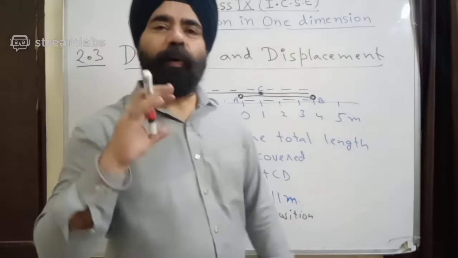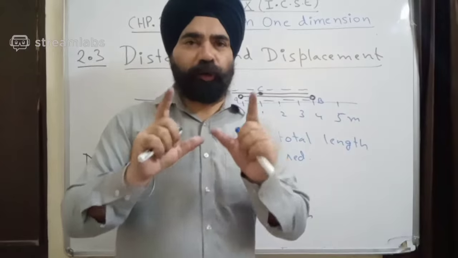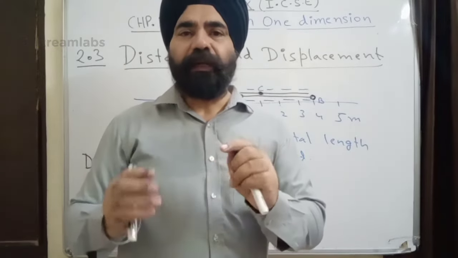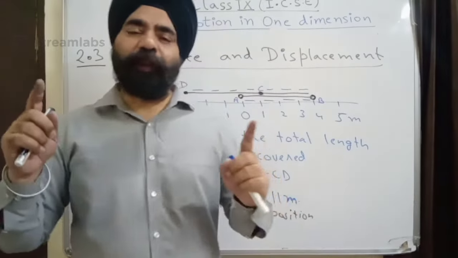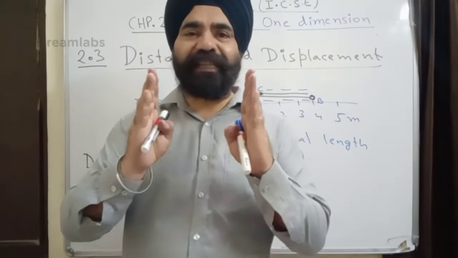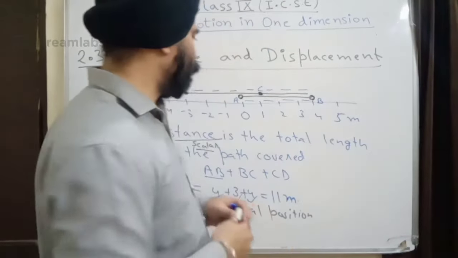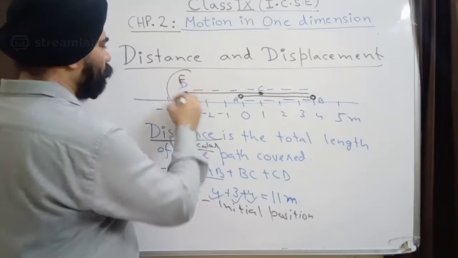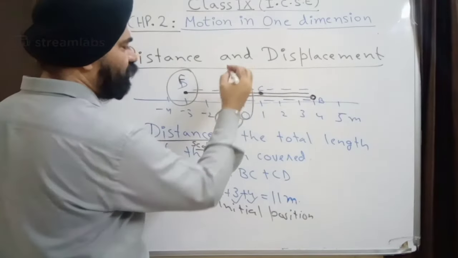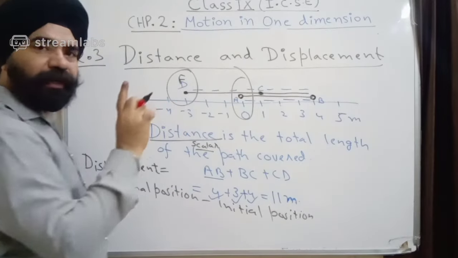Now when I come to displacement, for complete meaning, I not only need the magnitude, I need the direction also. So displacement is the shortest distance between the final position and the initial position. This is the final position and this was the initial position. It had started from here and it ended up over here.